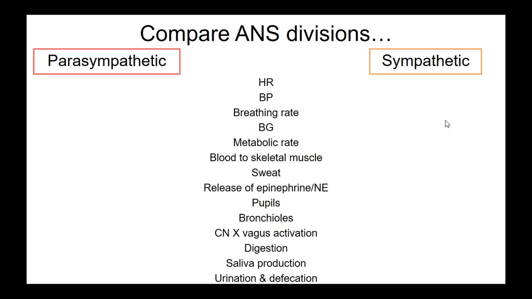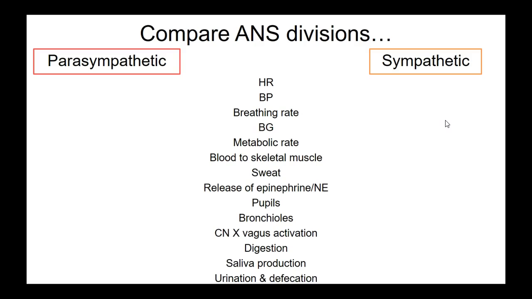Metabolic rate, parasympathetic, resting and digesting. Is that going up or down here? Should be going down. And sympathetic, going up. Blood to skeletal muscle, up or down for parasympathetic? Down. And for sympathetic, blood to skeletal muscle should be going up.